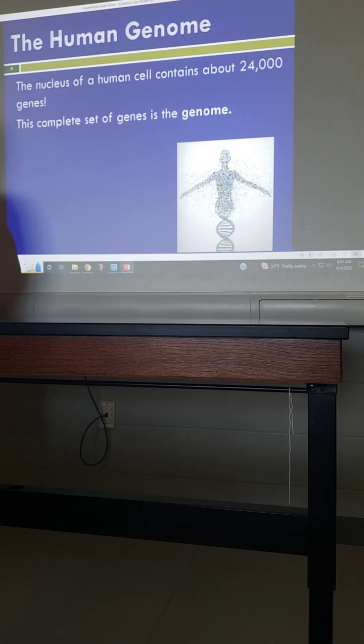And so this is really important. If somebody has some kind of medical issue, they know to look on chromosome 3 in this section of genes, and that's what codes for that particular issue. And so they can look and see, is there a problem with the DNA?